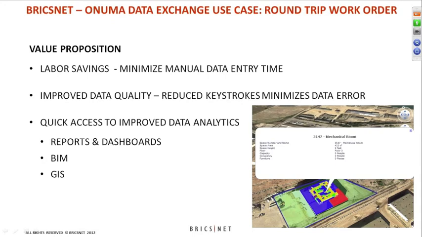As in the value proposition for the architectural, engineering, and construction phase, for the facility management phase, the labor savings here would be really about not having to have people manually re-enter information from paper documents and electronic documents into the IWMS application, to basically improve the data quality because people are not doing manual data entry, reducing the number of keystrokes and errors, and then quick access to improved data and analytics.